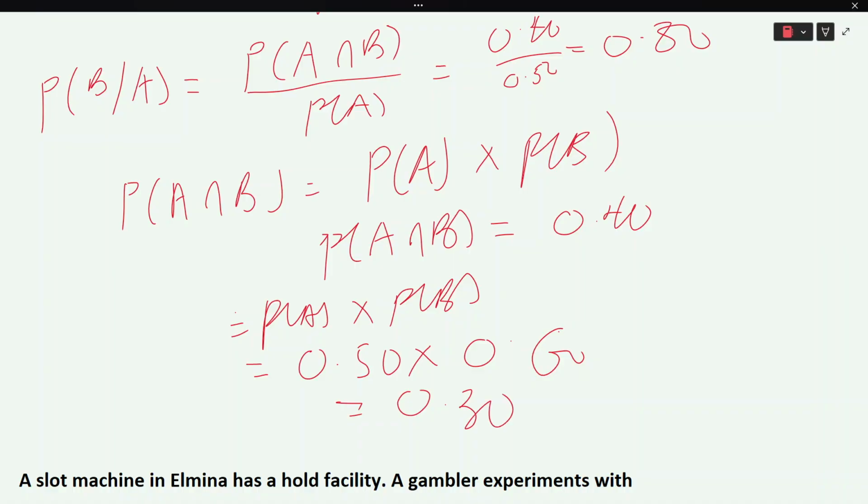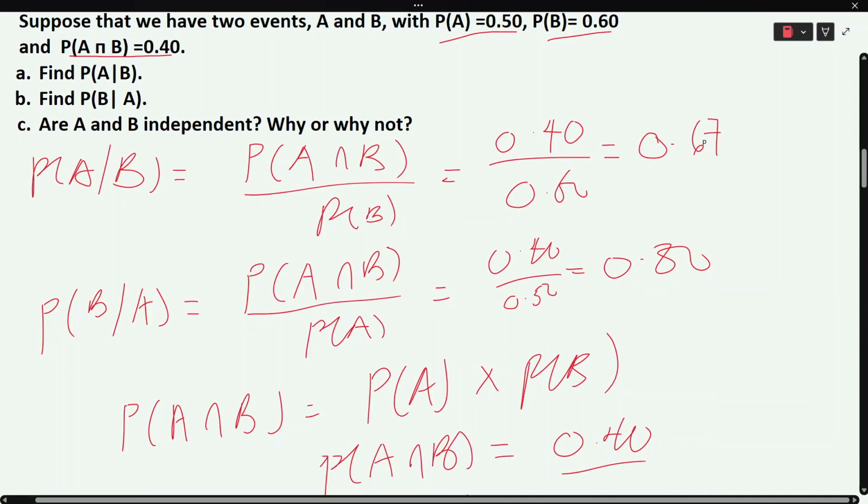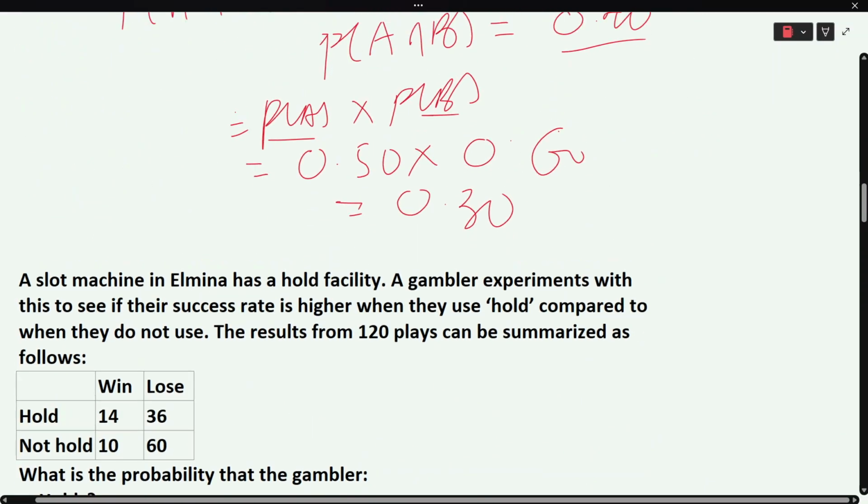You can see that the product of these two probabilities is not equal to 0.4, therefore these two events are not independent.